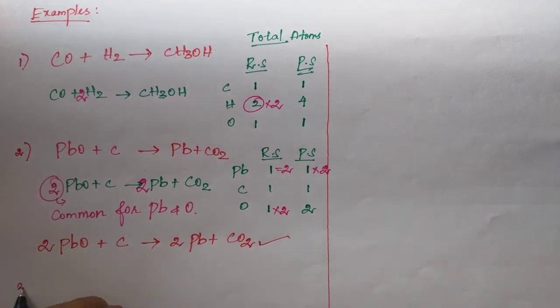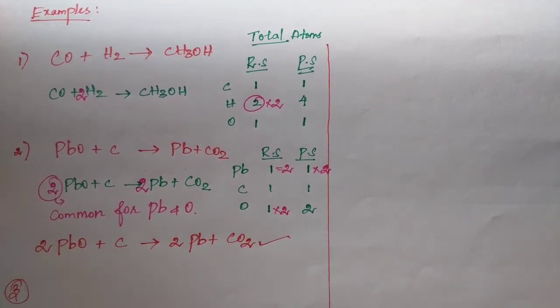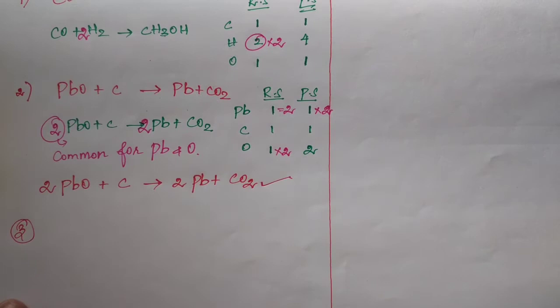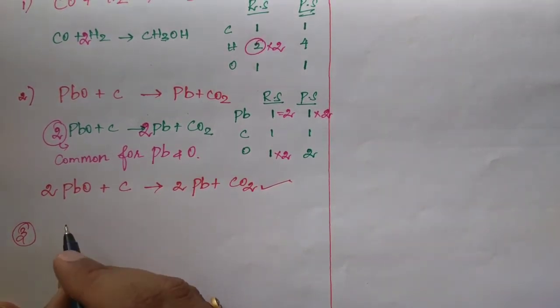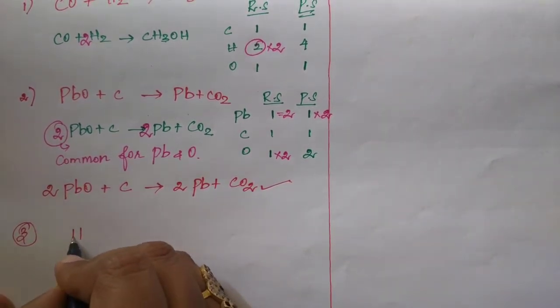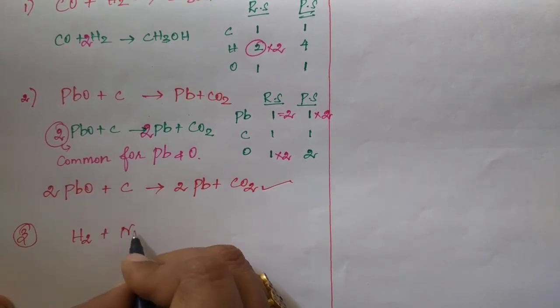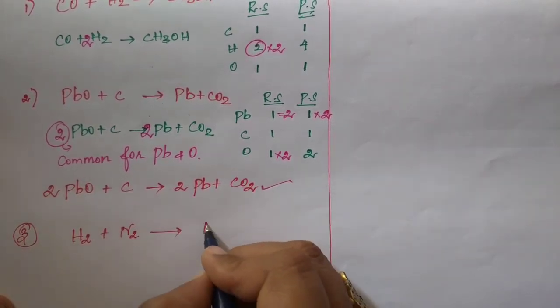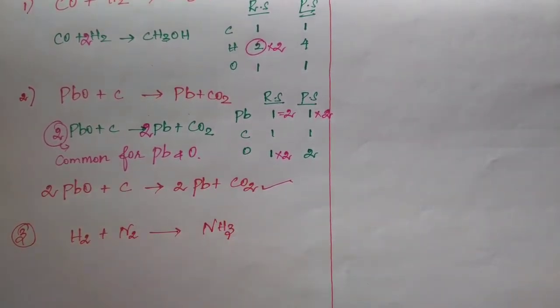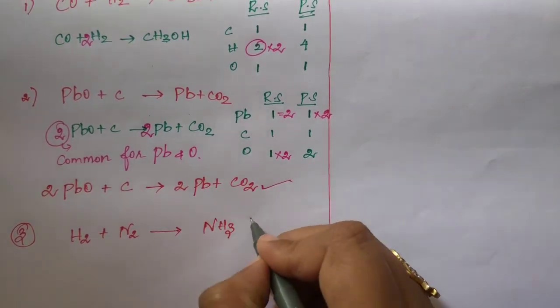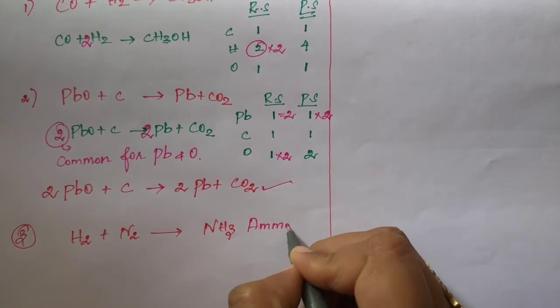Next, example 3. H2 plus N2 gives NH3, ammonia. NH3 is ammonia. It is a very important equation, students.